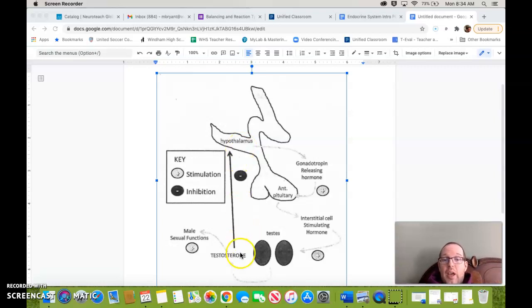So at this point, if we have enough testosterone, we don't need to make more. So we're going to send a signal to the hypothalamus that says, you can stop releasing GnRH for a while because we don't need to make more testosterone.